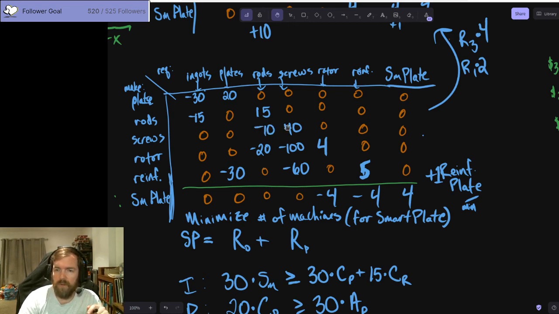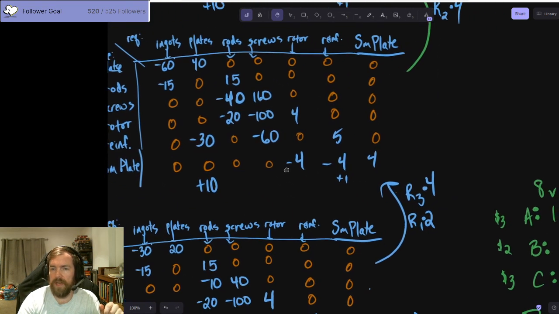And then in order to scale up, to make sure that we can do the 2 underneath it, to make enough rotors and reinforced plates, we need 160 screws, so that scales up our screw production by 4, which means that our usage of rods needs to scale up by 4.